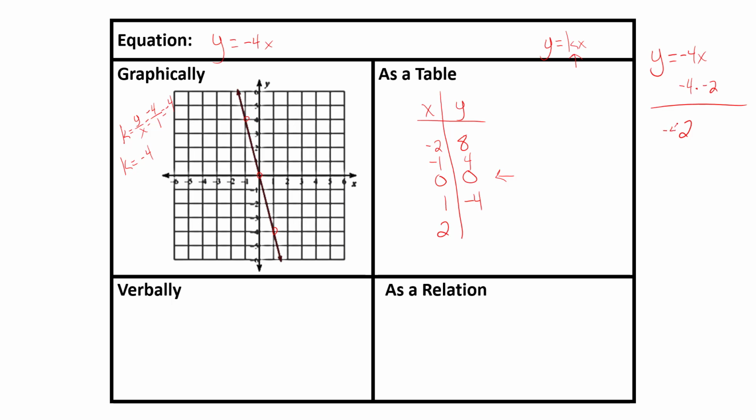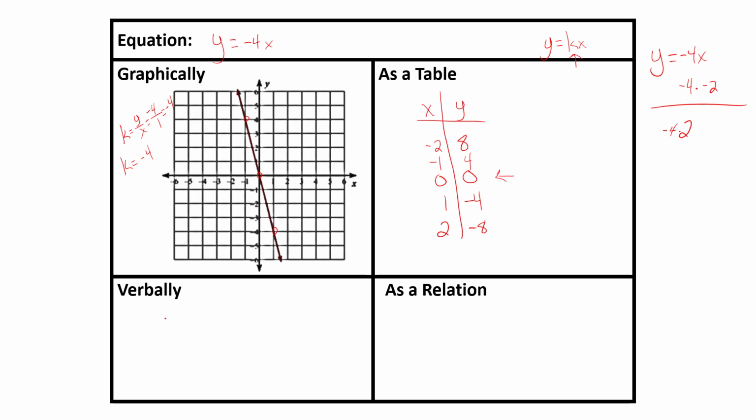So -4 times 2. Now that gives me -8. One of the things that's beneficial to notice with direct variation is the opposites that are happening across the origin. So if I find ordered pairs in one direction, I know the ordered pairs in the opposite direction are going to have the opposite value.